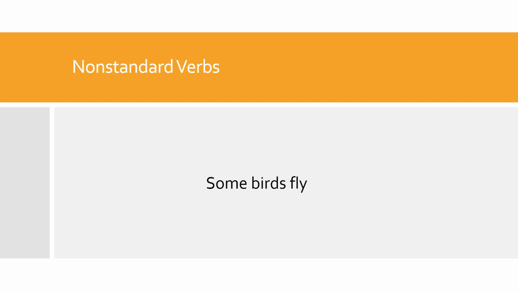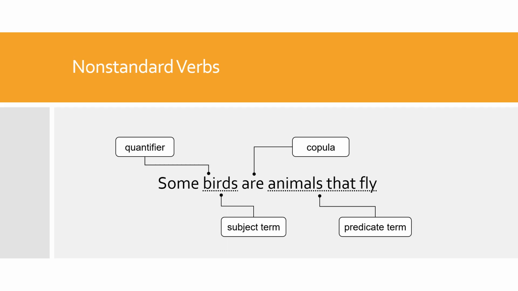How about "Some birds fly"? Notice we have essentially the same basic problem. Again, we have a quantifier that is "some are." We have birds as a class or category for a subject, but we don't have the copula, the verb "to be," and so we need to find a way to stick that in there and sort it out accordingly. So properly translated, this would look something like "Some birds are animals that fly," or "birds that fly," or whatever.